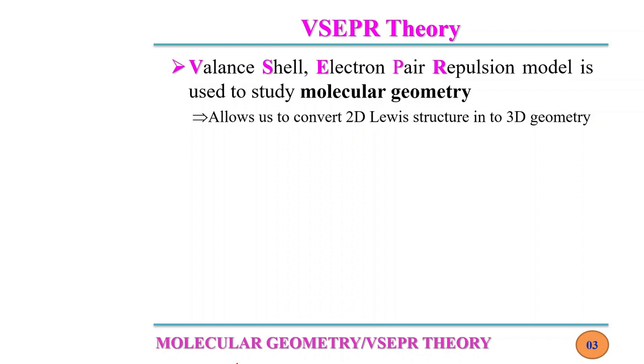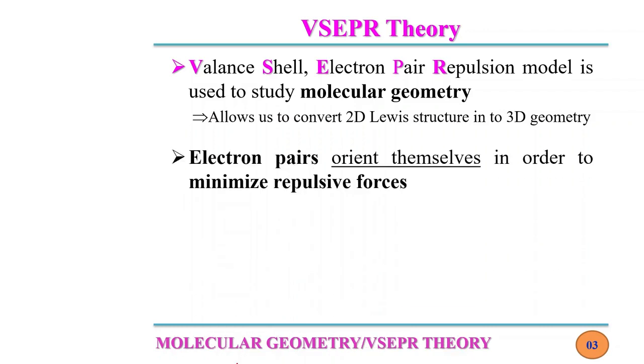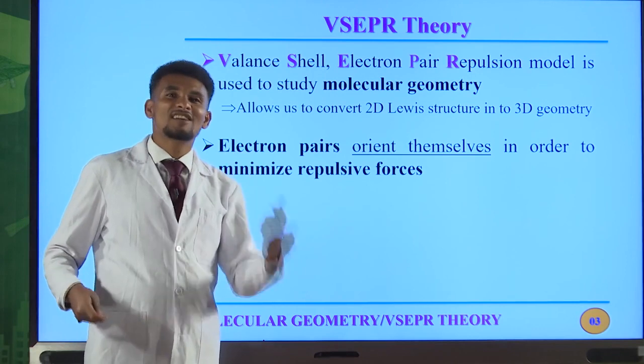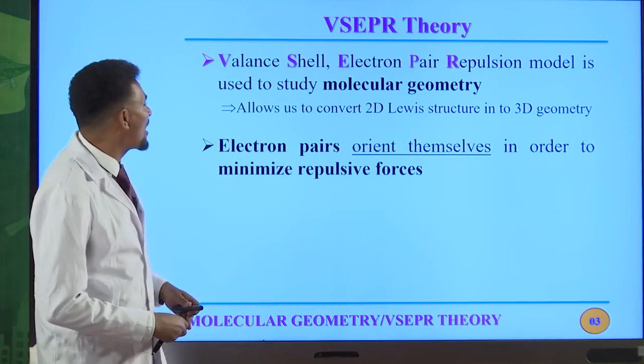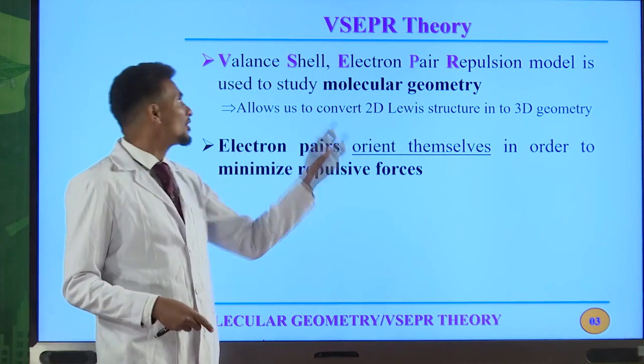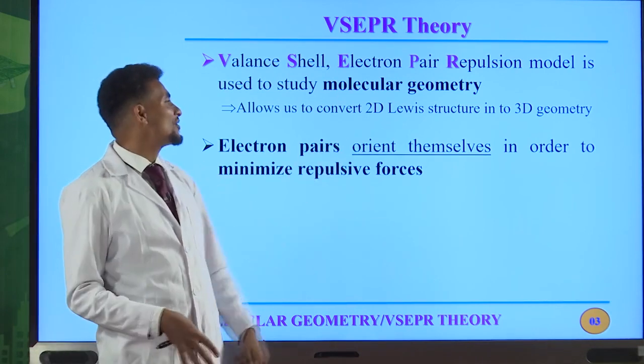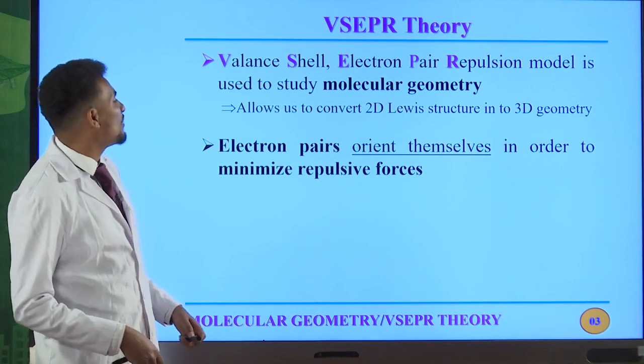We will also see how to draw the Lewis structure for molecules. If you know how to draw the Lewis structure, and apply VSEPR theory, you can easily identify the shapes of molecules or the electron pair arrangement. According to VSEPR theory, electrons arrange themselves as far apart from each other as possible to minimize repulsions, or simply, electron pairs orient themselves to minimize repulsive forces.